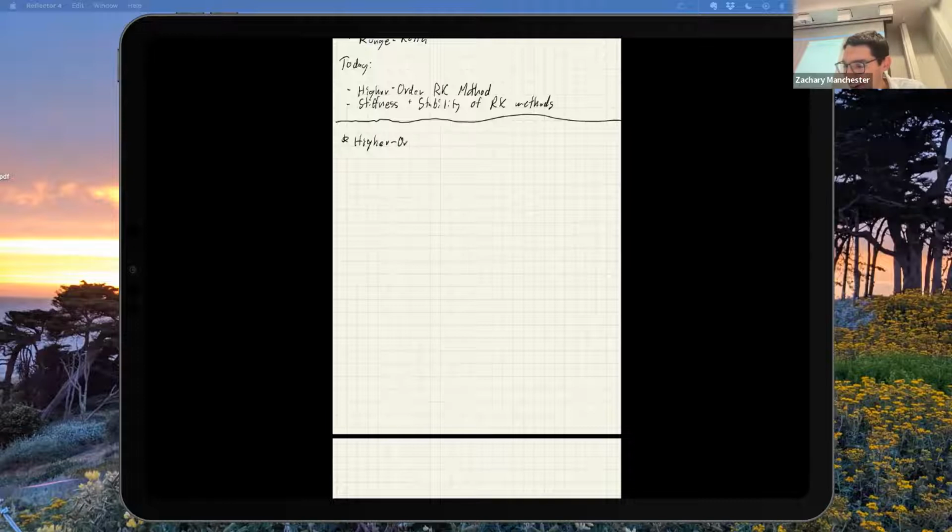Okay. Higher order Runge-Kutta methods. What's going on with that? This is not a surprise. We saw how to do second order on Tuesday. Basically, you take a second order Taylor expansion of the solution in time, x of t, and you fit the polynomial coefficients so it matches the Taylor expansion to second order.